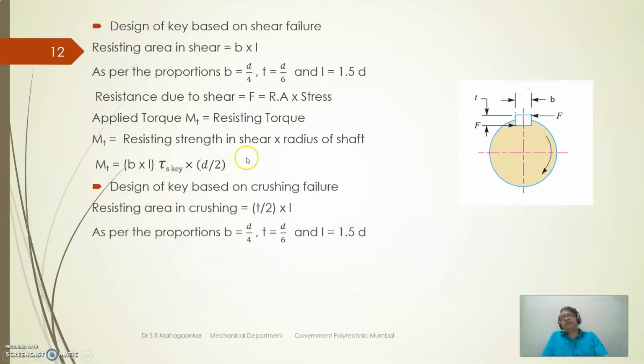This is the design of key based on shear. Similarly, we can go for the design of key based on crushing. When the force is applied in this direction, this right side surface is in contact.